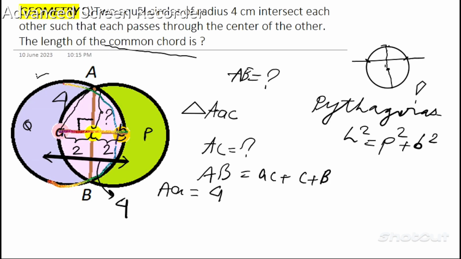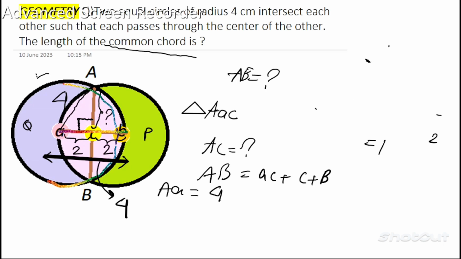Let's clear something. All right. Now, let's plug in the values for triangle capital A, small a, and C. So we know capital A and small a is the radius, so it's 4.